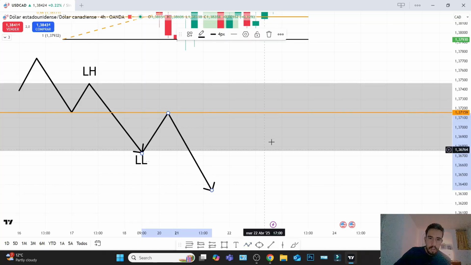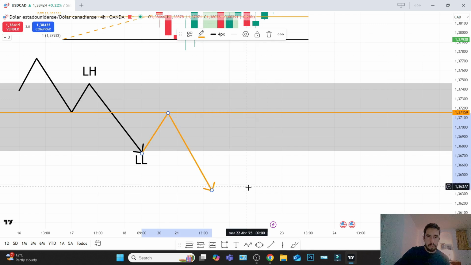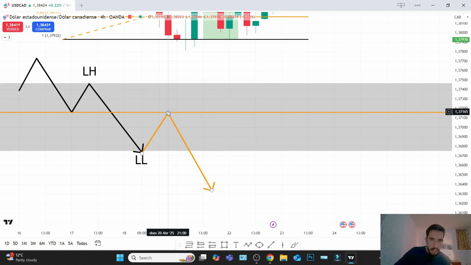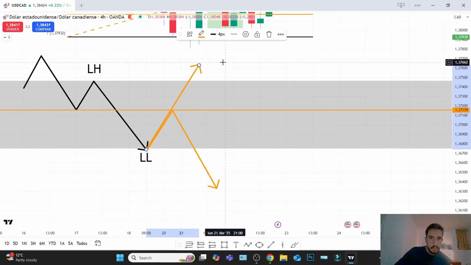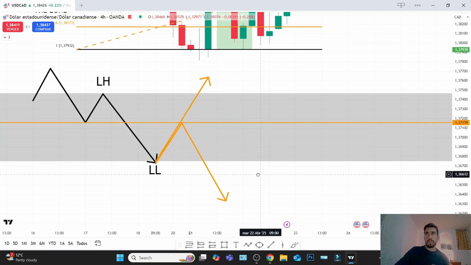Two things can happen. The market goes here and continues going up like this, which in that case will mean that now it is not bearish but bullish.